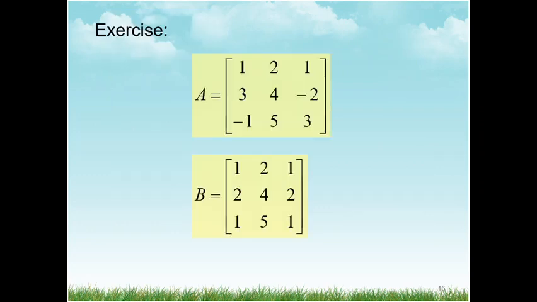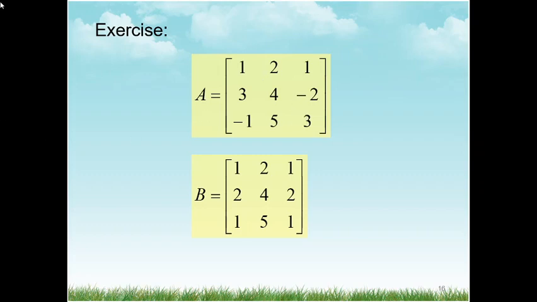These are two examples of matrix forms. Matrix A is arranged like this: first row 1 2 1, second row 3 4 minus 2, and third row minus 1 5 3.